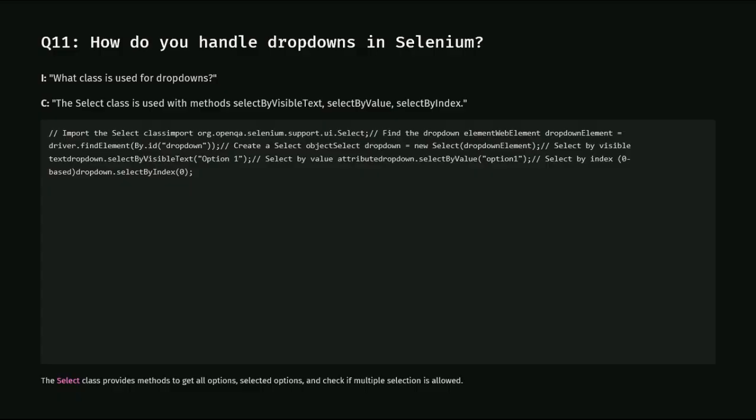Or what class is used for drop downs? Candidate: The Select class is used with methods selectByVisibleText, selectByValue, or selectByIndex. The Select class provides methods to get all options, selected options, and check if multiple selection is allowed.